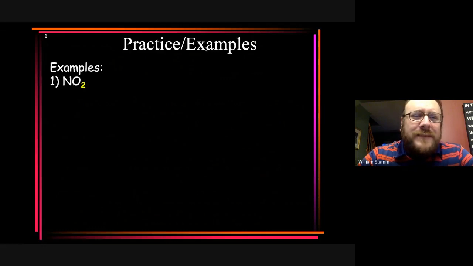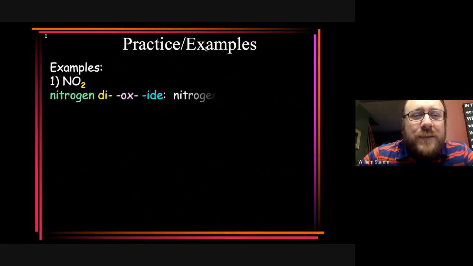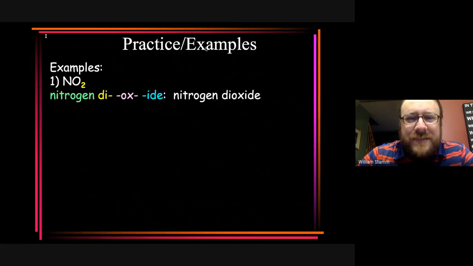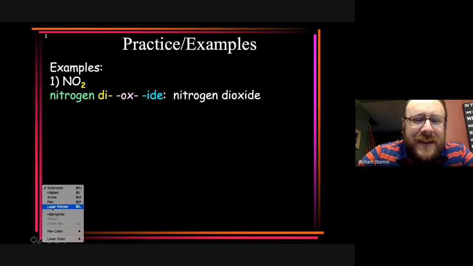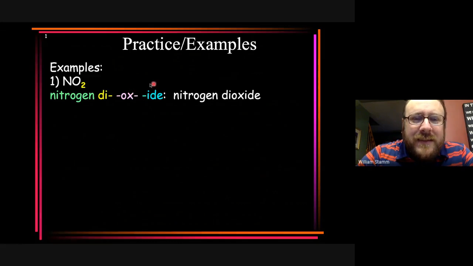So some examples. NO2. Both of them are nonmetals. Binary compound, 2 elements. There's 1 nitrogen and 2 oxygens. So we would call this nitrogen. Notice how we don't put mononitrogen because there's only 1 of them. We never begin the word with a mono. Dioxide. So that's called nitrogen dioxide. 1 nitrogen, 2 oxygens, and the oxygen has the IDE ending.